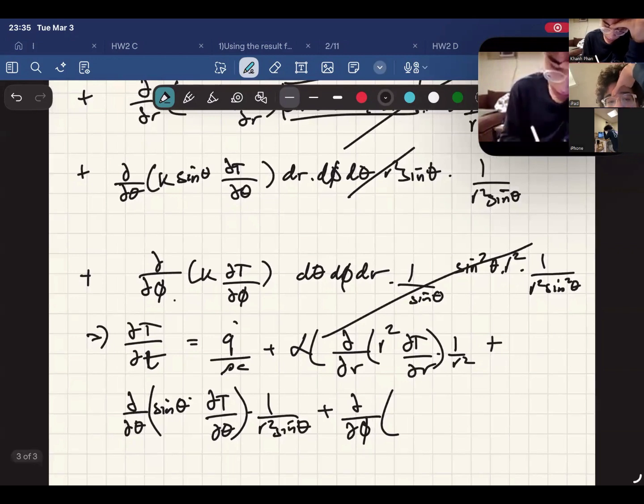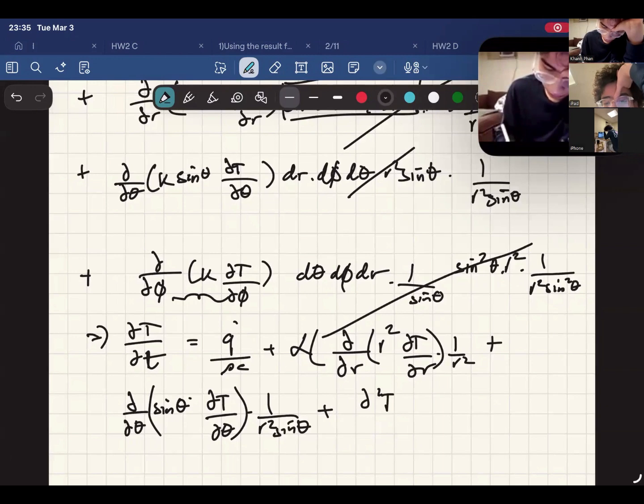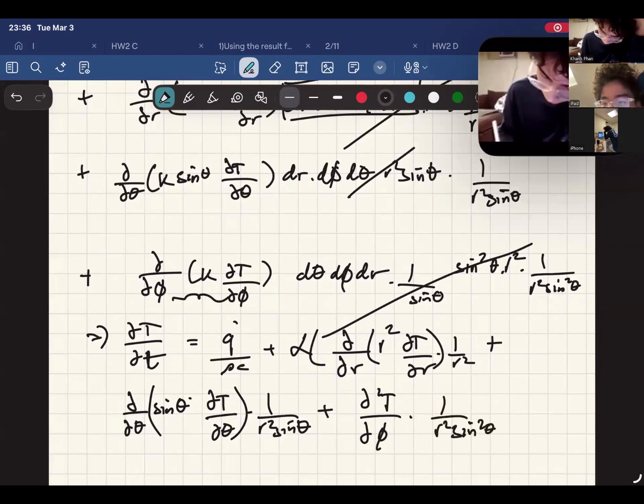Oh, we can actually make this a second derivative. So d square temperature, second derivative of temperature with respect to phi, times 1 over r squared sine theta.